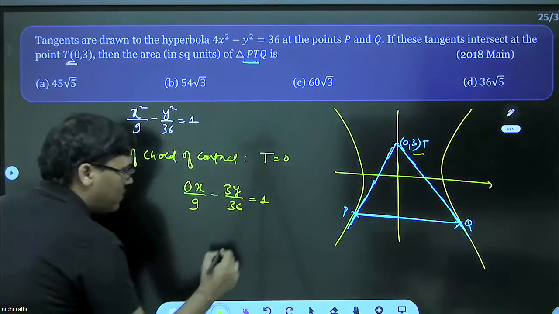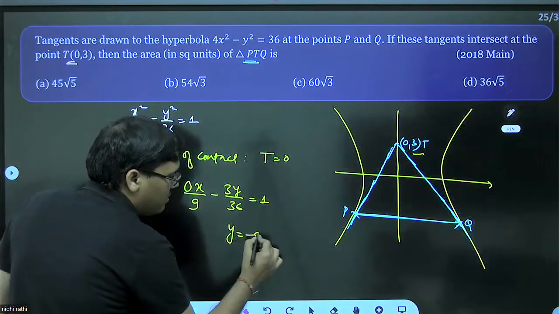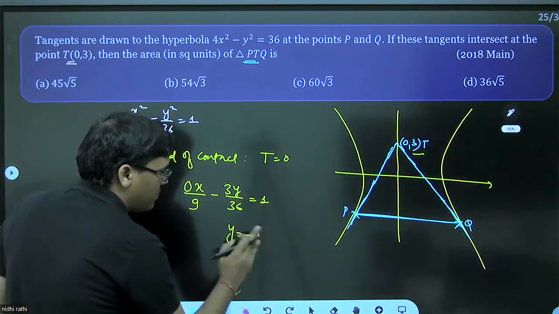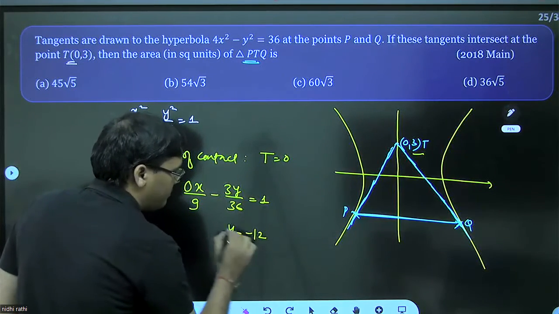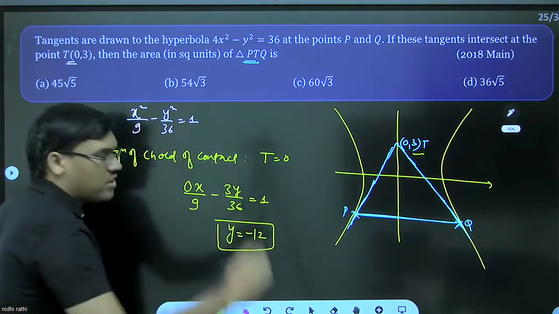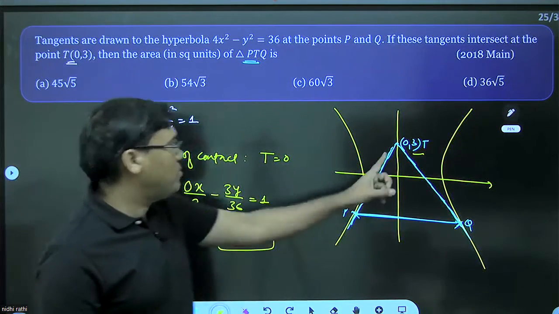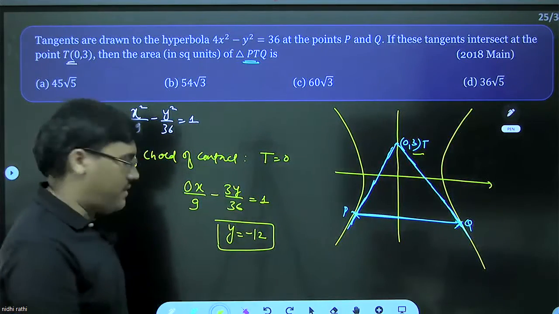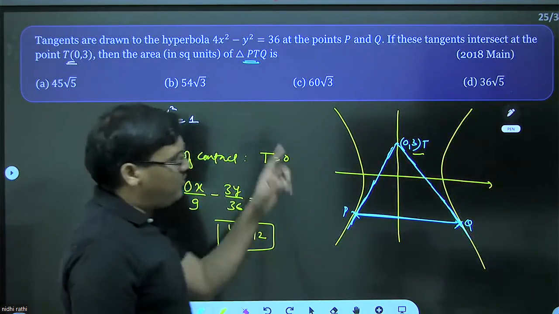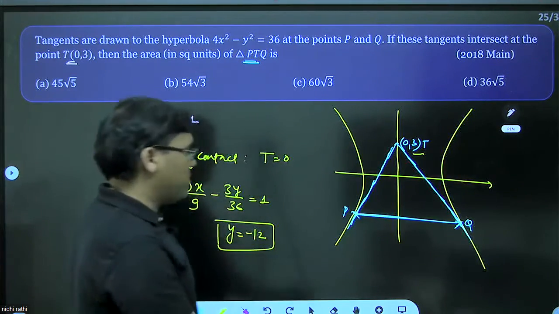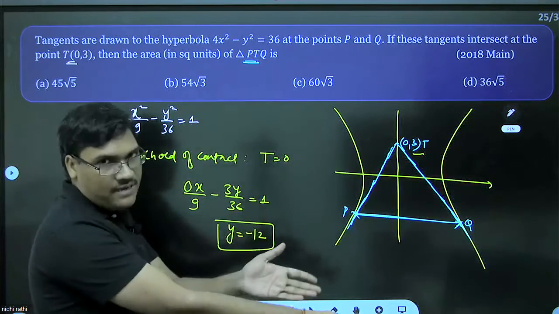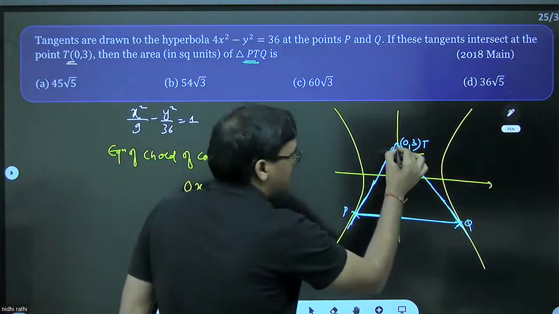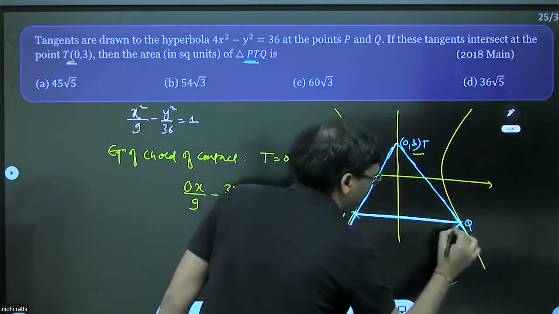And you can clearly see this is y equal to minus 12. So the equation of the chord of contact is y equal to minus 12, and that means we have made the diagram correct. It's not necessary that you make the correct diagram first. You can just check the chord of contact and accordingly draw the diagram later. So now this is the line y equal to minus 12.